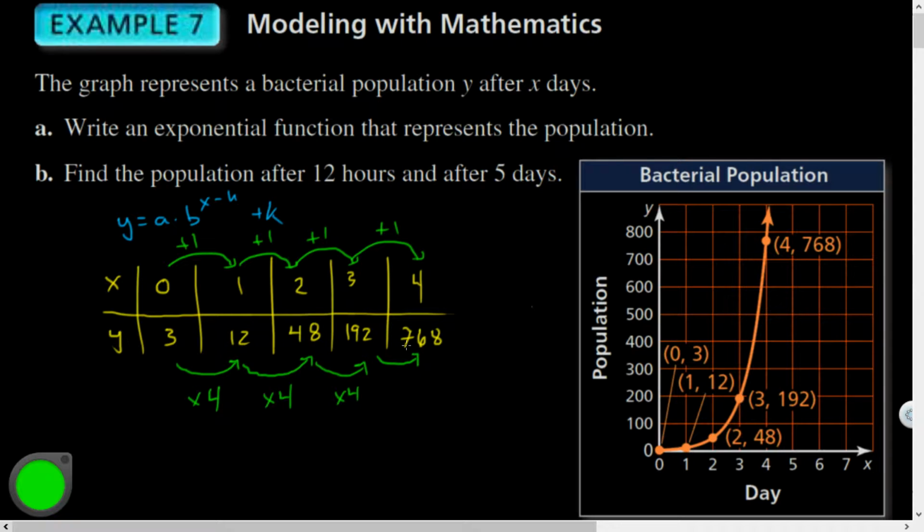And if I multiply that by 4, I get 768. So the base, the b value, is going to be that 4 number. b equals 4. That's the rate that it was growing by, the factor that it was being multiplied by. So the rate was 4.